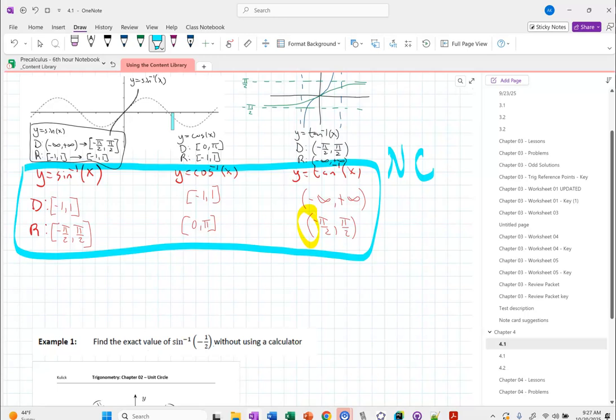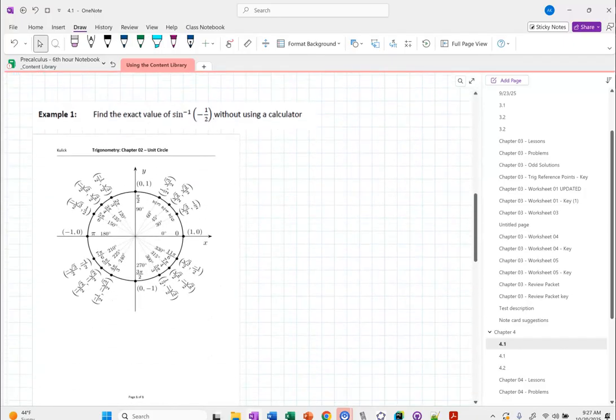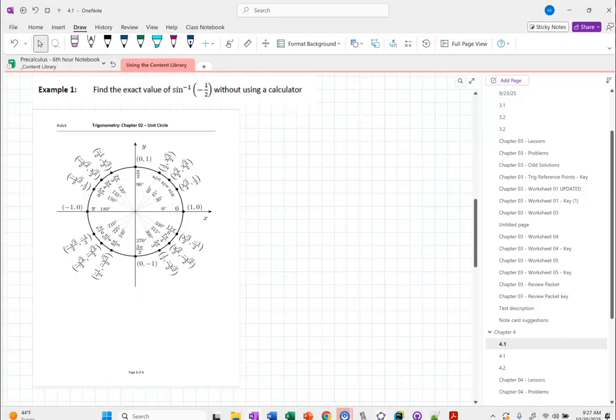The skill that I want to work on today is using the unit circle to evaluate sine, cosine, and tangent inverses. Everybody good with that plan? So we're just going to do a bunch of examples of different ways I can ask this question.